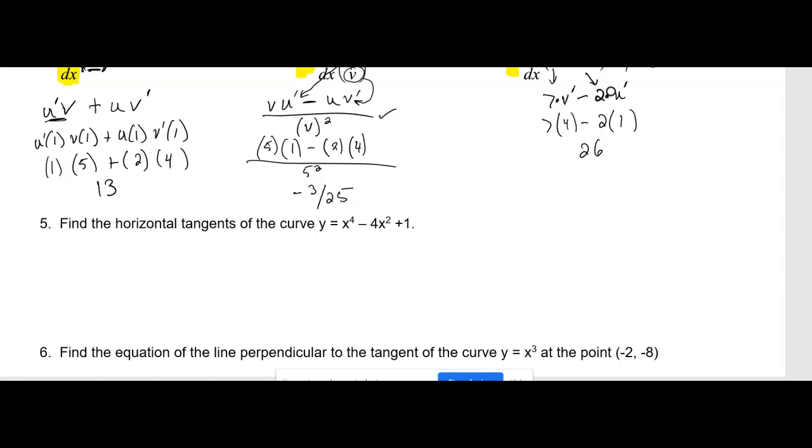So take a second and see if you understand what this is now asking in the context of calculus and what we've been doing here the last week and then definitely today.